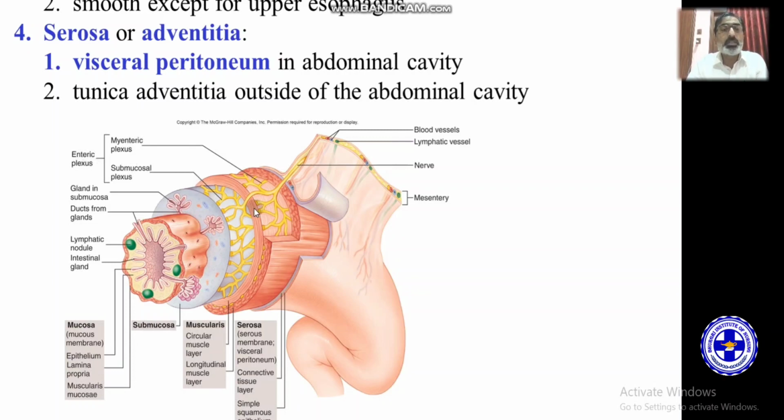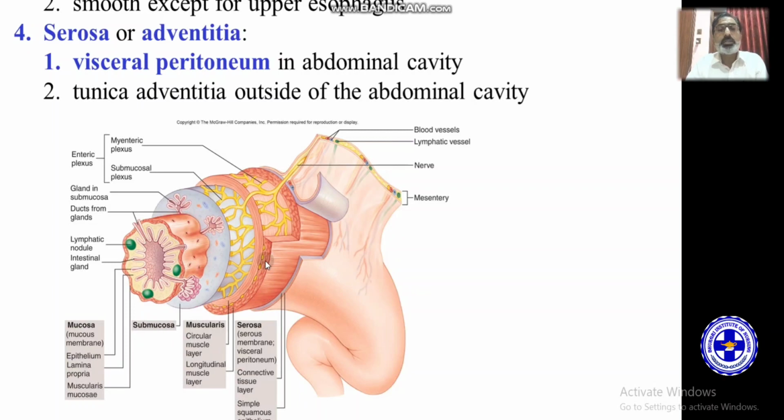These are present here. And then in the mucosa and submucosa there are glands in the mucosa which secrete what are called enteric secretions. The lymphatic system is also present in the submucosa and mucosal layer, which helps drain the fatty material. So mucosa, submucosa, muscularis and serosal layers are present in the wall of the gut.